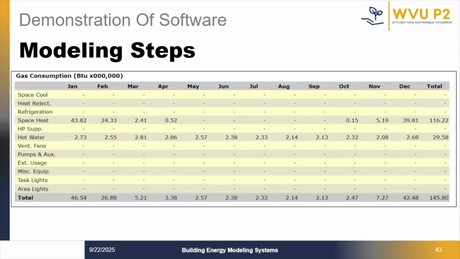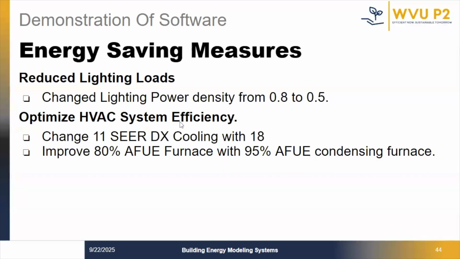Other categories like heat rejection, pumps, and exterior uses are negligible in this case. Overall, the building consumes about 146 million BTUs of gas per year, of which nearly 80% is used for space heating. This seasonal pattern highlights the significant impact of winter heating loads in the Charleston climate and points to opportunities for efficiency improvements in heating systems and envelope design.